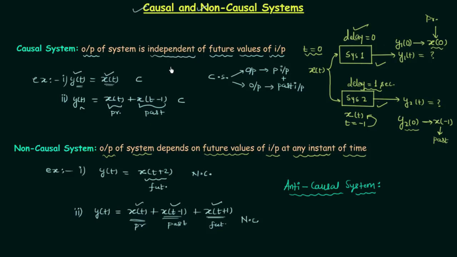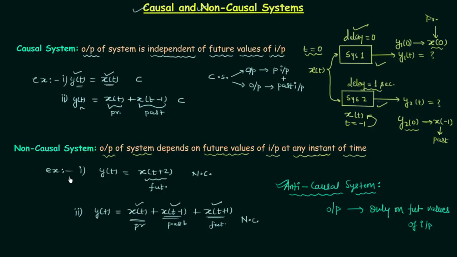Now what will be the exact opposite of this statement? The output of the system should depend only on the future values of input. So the systems in which the output is only dependent on the future values are known as anti-causal systems.